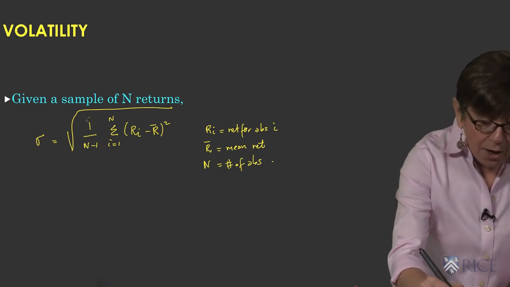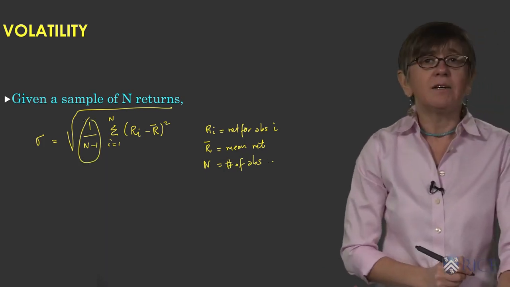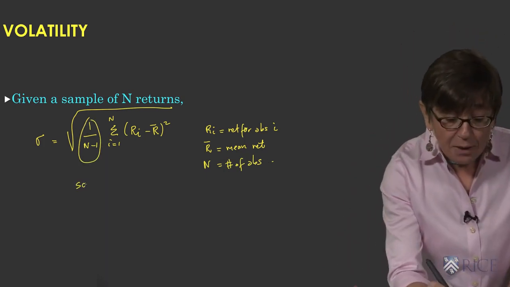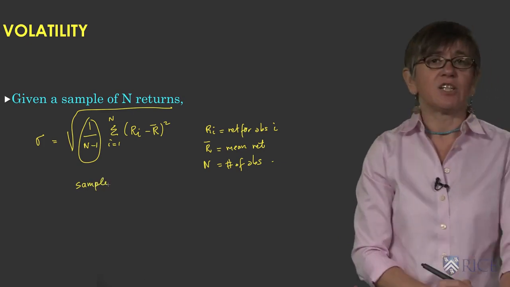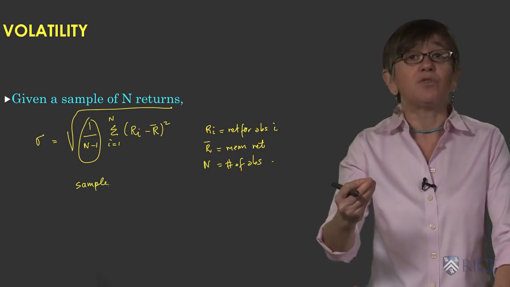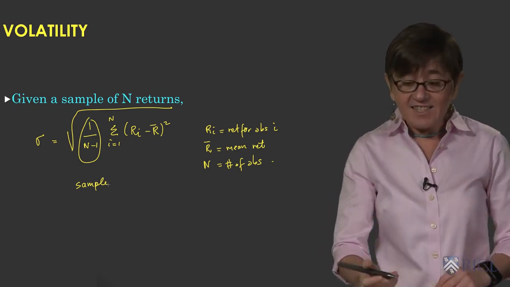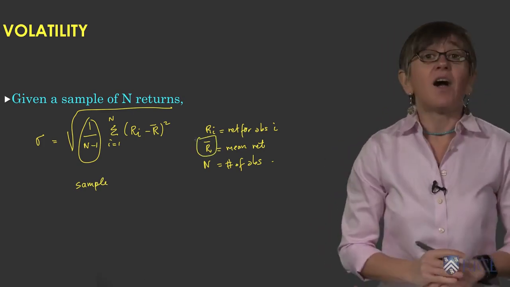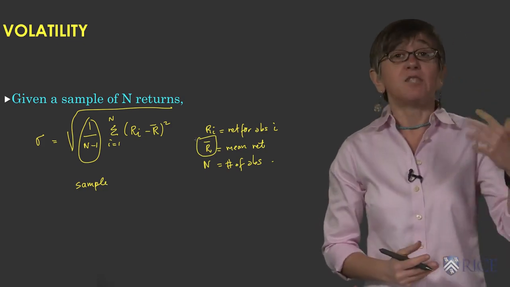Why is this n minus 1? Remember, this is the sample standard deviation. The n minus 1 in the denominator is used to correct the bias, since R bar is an estimate itself.